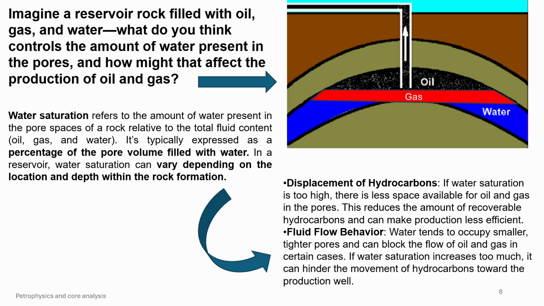So a reservoir with high porosity but also high water saturation may still have limited hydrocarbon potential. This is why petrophysics is always about combining multiple properties, not looking at them one by one in isolation. A good reservoir is not just porous, it must also have favorable saturation and flow characteristics.